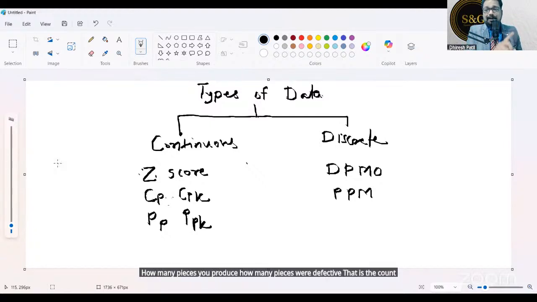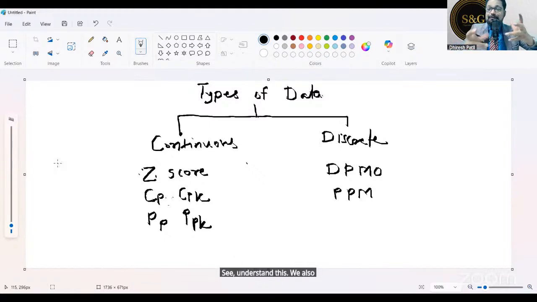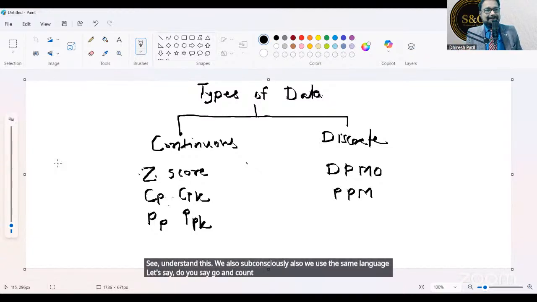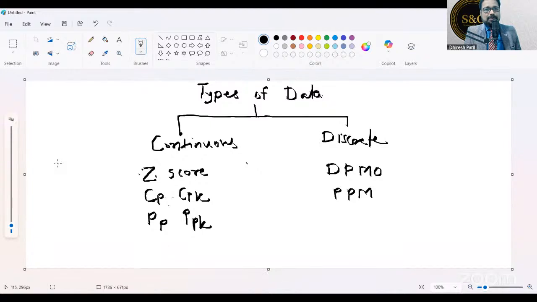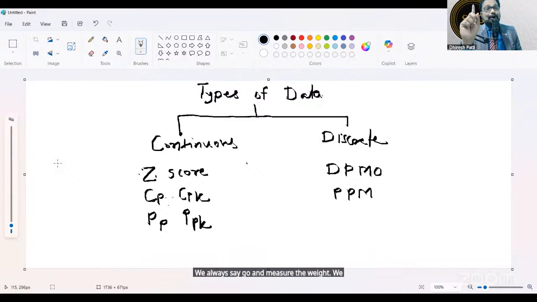We don't measure. Understand this. We also subconsciously use the same language. Let's say, do you say go and count the weight, or do you say go and measure the weight? Everybody type in the chat box: M for measure and C for count. What do we say for weight? We always say go and measure the weight. We never say go and count the weight.